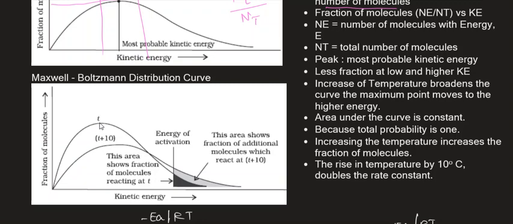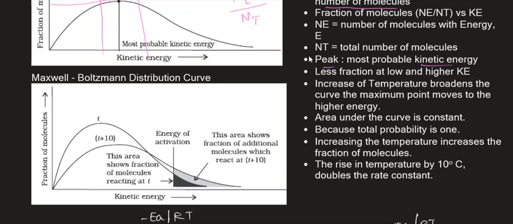The highest peak may come down, but the curve widens and distributes itself to the higher kinetic energy portion. So it tries to involve more number of molecules, so the higher will be the fraction. What is the peak here? The most probable kinetic energy is represented by the peak here.